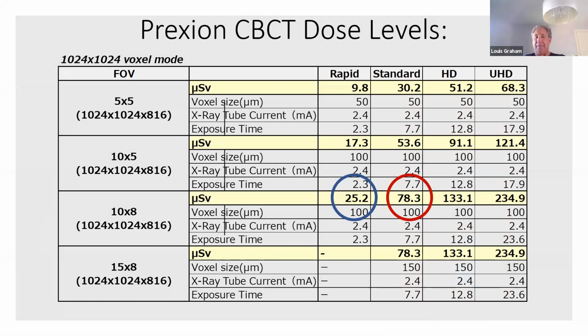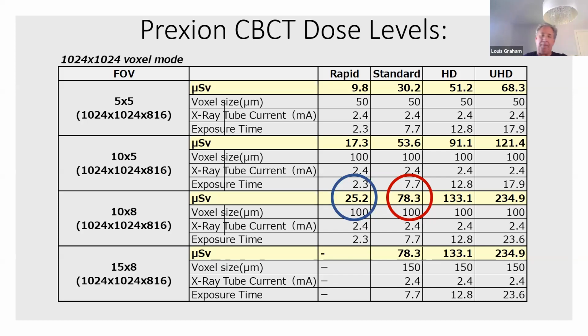If you do a rapid scan, it's 25 microsieverts. So versus taking a digital Panorex of 20 microsieverts on a teenager, you can get a rapid scan with great detail, see their impacted wisdom teeth, see if there are any supernumerary teeth, and look at the exposure time. The exposure time below the blue is 2.3 seconds.